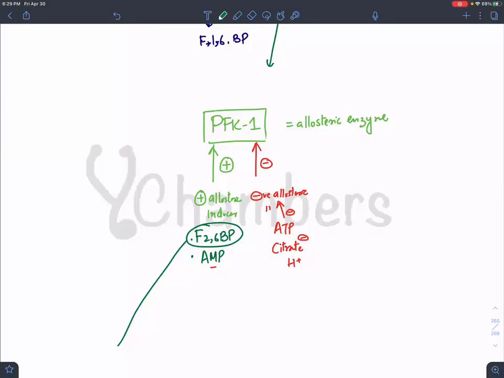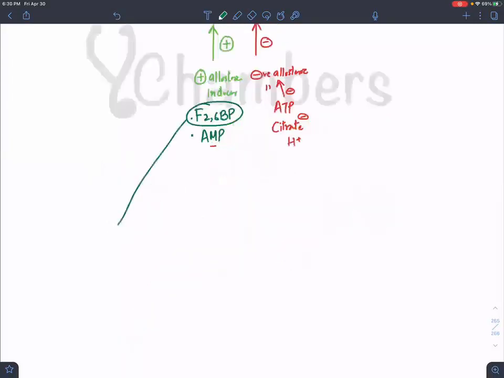Now, fructose 2,6 bisphosphate, where is it coming from? This fructose 2,6 bisphosphate is being formed from some fructose 6-phosphate. Fructose 6-phosphate is making fructose 2,6 bisphosphate.